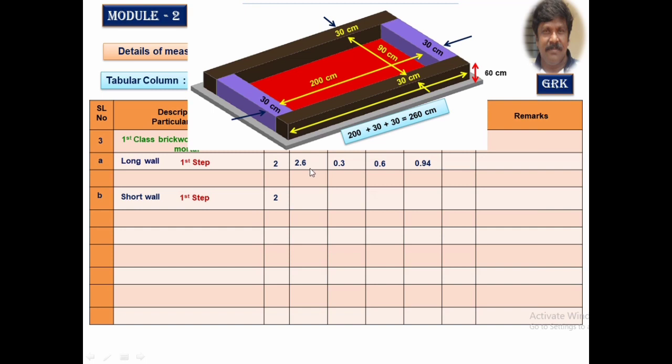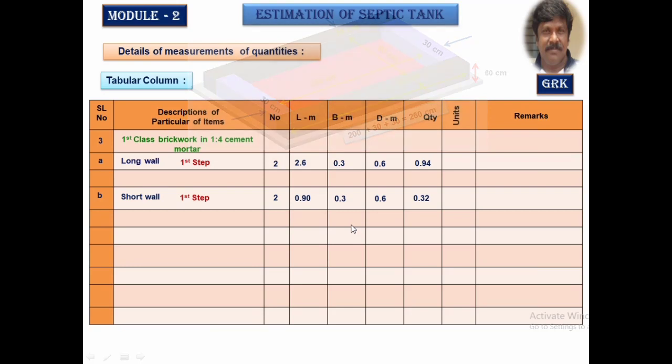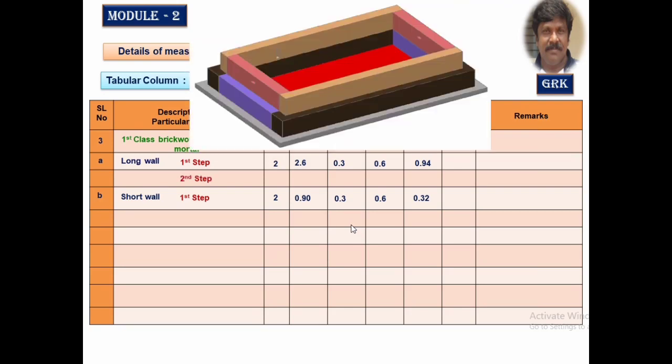The first step, it is 90 centimeter, thickness of that is 30 centimeter, depth is the same as whatever you have taken earlier, 0.6 meter. Let us take the second step of the first class brickwork.